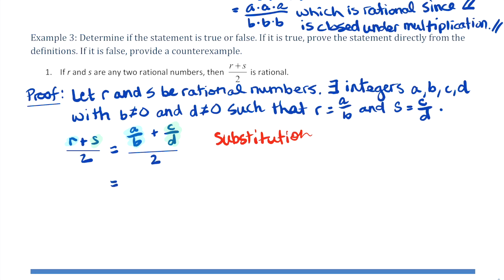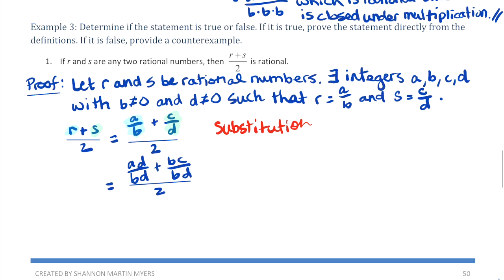Well, what can we do with that? Remember that we did a problem kind of like this. Didn't we end up getting AD over B times D plus BC over B times D, just by getting a common denominator, all over 2? Go ahead and move the equal sign down a bit.